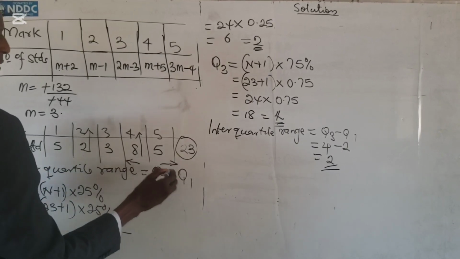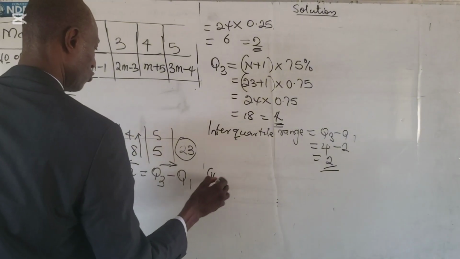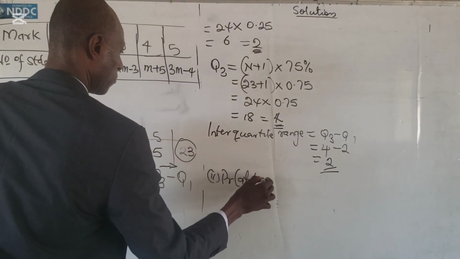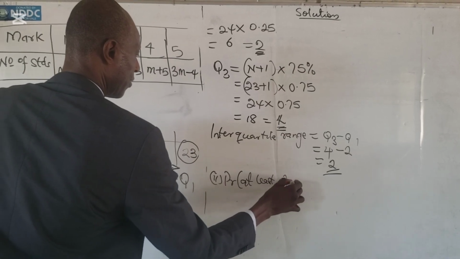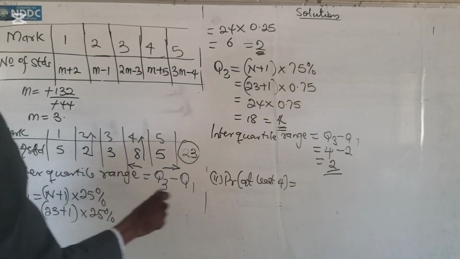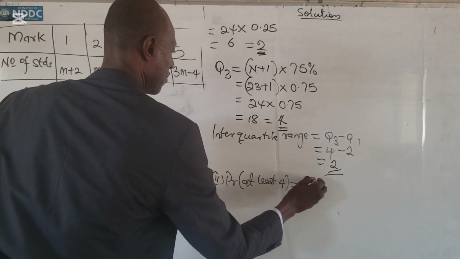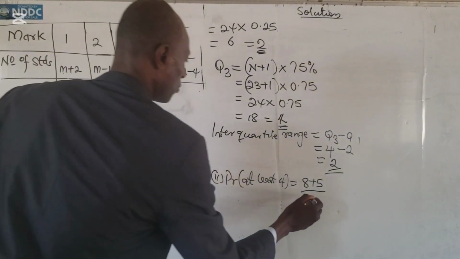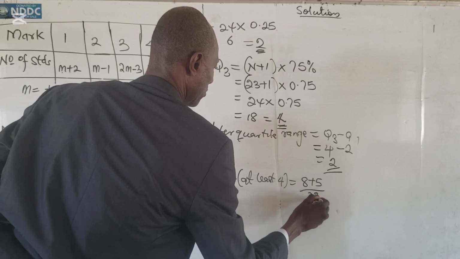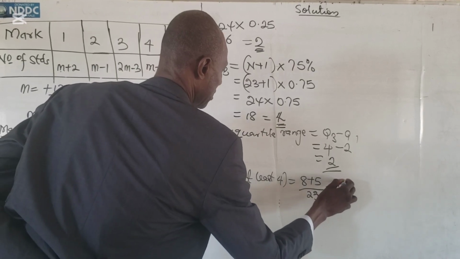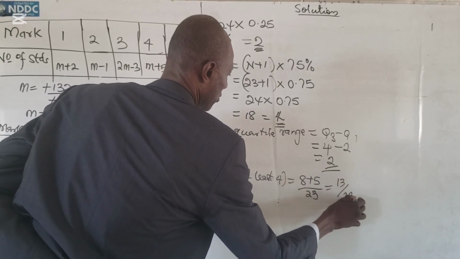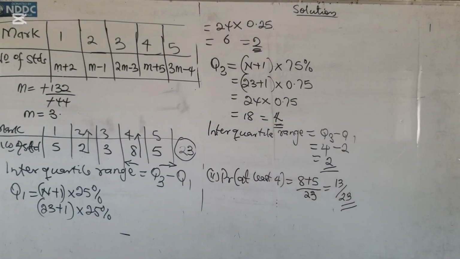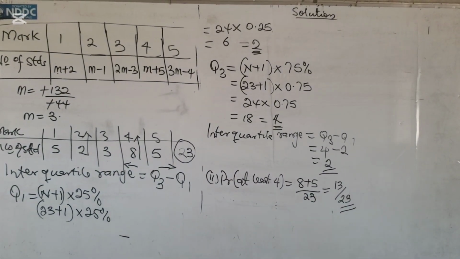So you add these two numbers: the probability of getting at least 4 is equal to 8 plus 5 over the number of the sample space, which is 23. So that gives us 13 over 23. You can change it to a decimal or leave it as a fraction. This is how we can solve that problem.